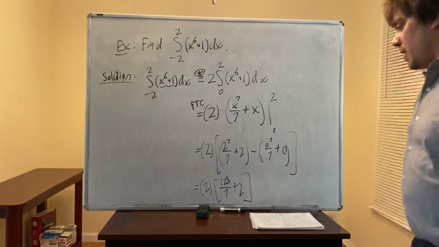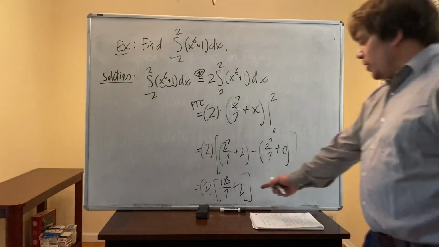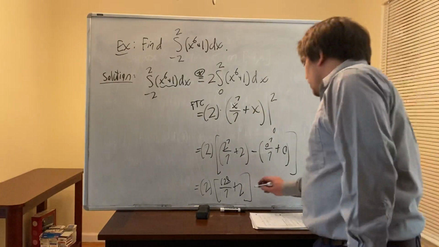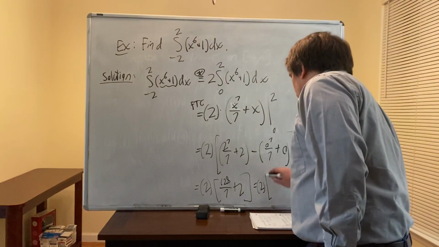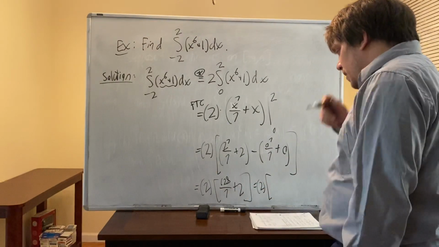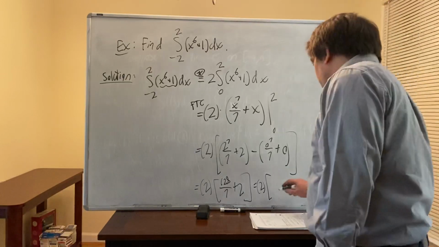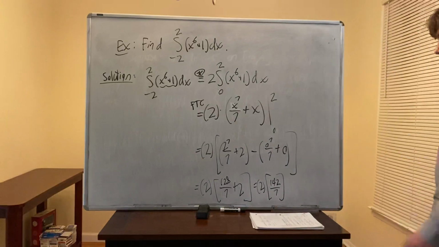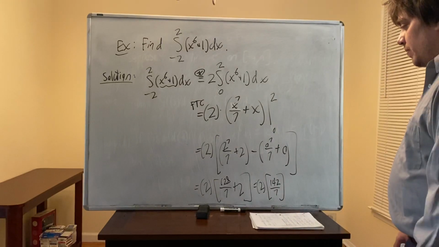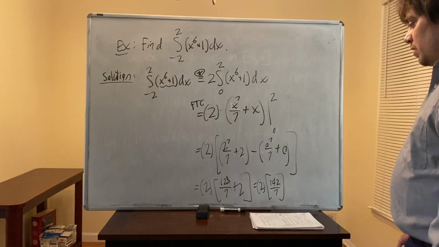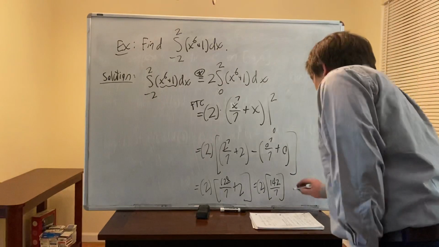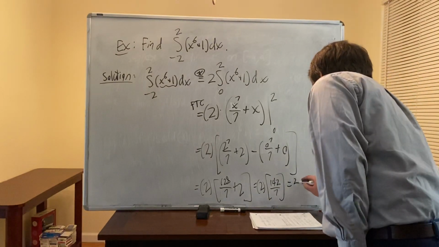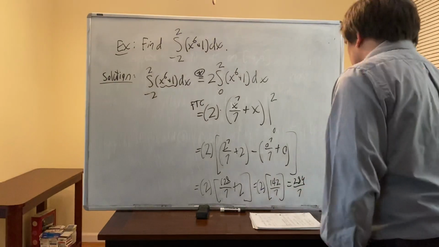Plus 2 here is 14 sevenths, so this is equal to 2 times 128 plus 14, which is 142, over 7. Then multiply it by 2, you get 284 over 7.